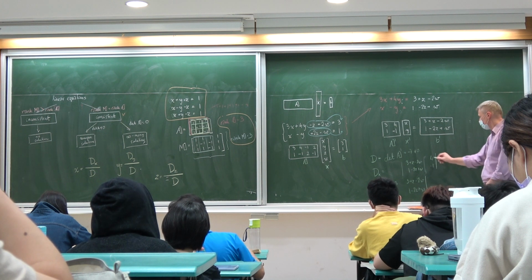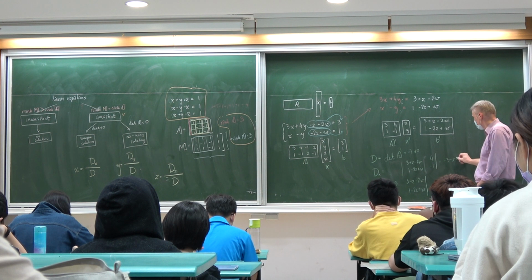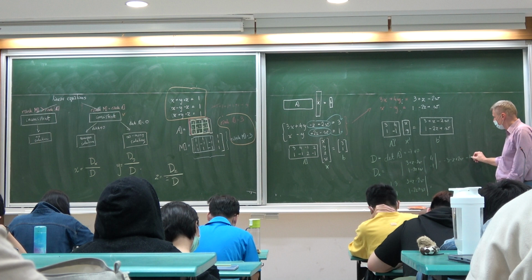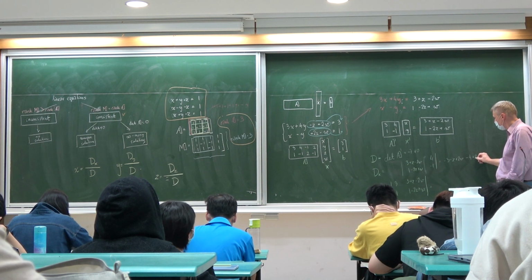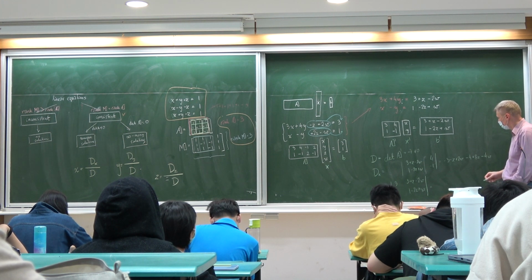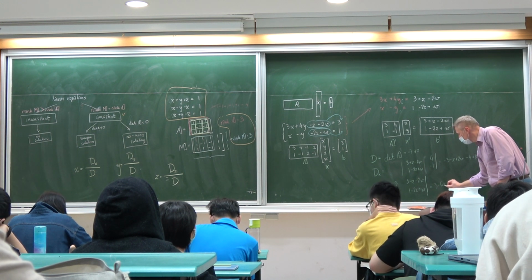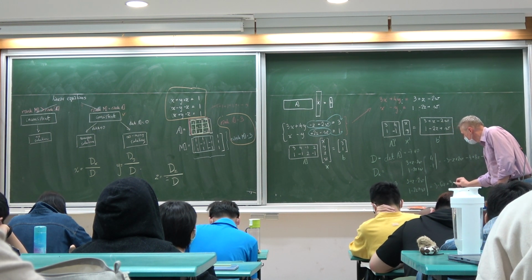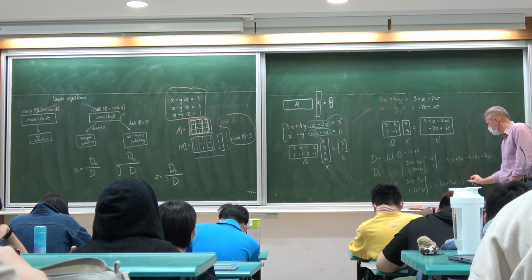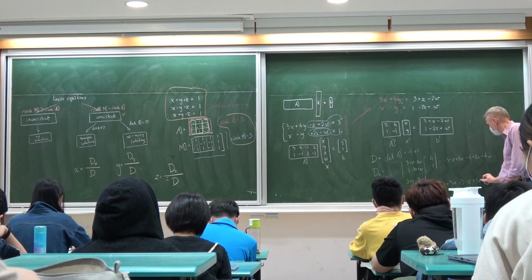So now this is minus 3 minus z plus 2w minus 4 plus 8z minus 4w. This one is going to be 3 minus 6z plus 3w minus 3 minus z plus 2w.